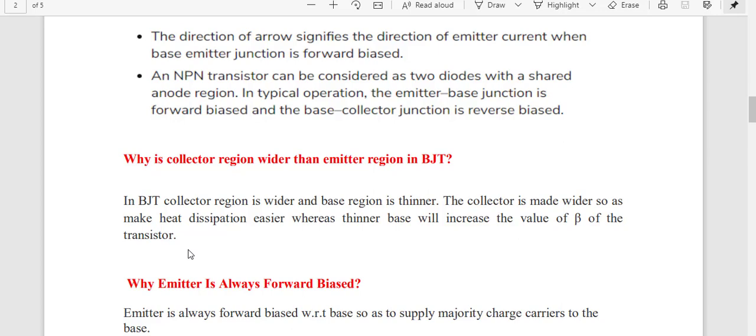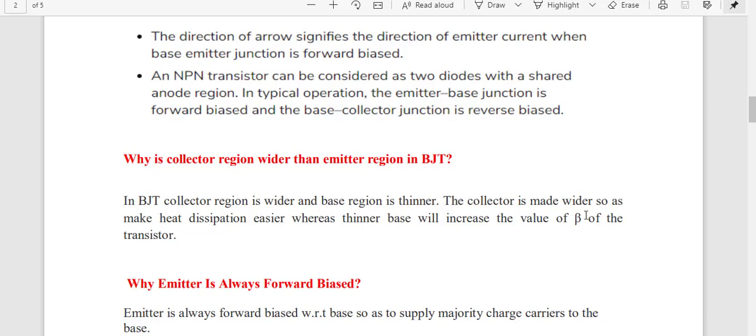So to avoid this kind of situation, the width of the collector region is always made greater compared to the emitter and base. Also, if your base region is thinner, the beta value will be increased.